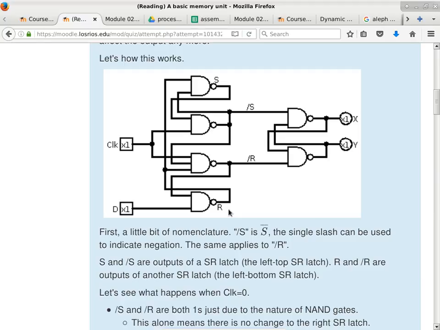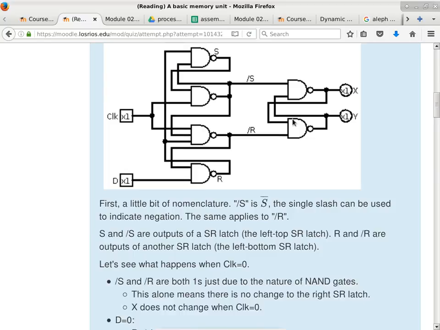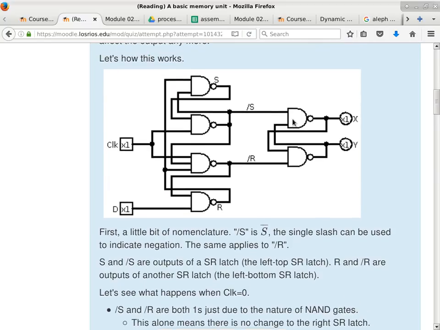Okay. So this is the final product. As far as this particular unit of instruction is concerned, this is the final product, which is a circuitry to remember a single bit. The way it changes is whenever CLK has a transition from 0 to 1, then D will determine X and Y, which one is a 1 and which one is a 0.